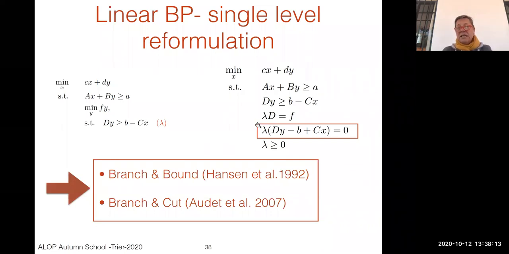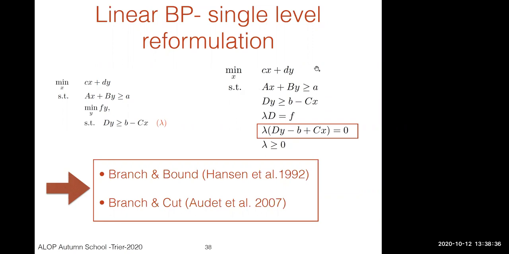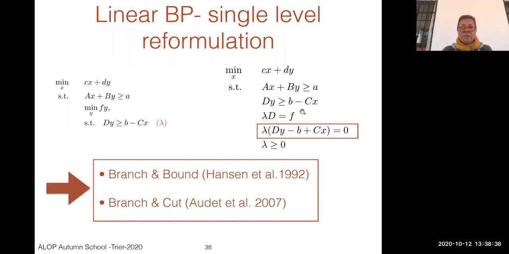These are really the link between the two worlds, the primal and the dual world. So if you relax them, what you have is nothing else than the high point relaxation, because you can forget lambda, provided that the dual is feasible. I mean, you don't care about it. And what remains here is just the high point relaxation. These are the constraints of the first and the second level, and the objective function of the first level.